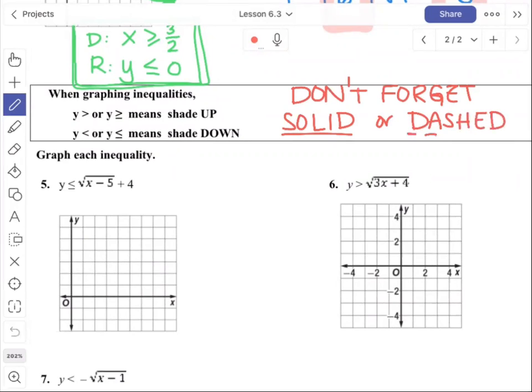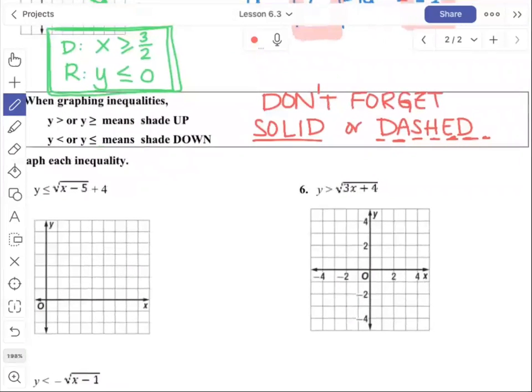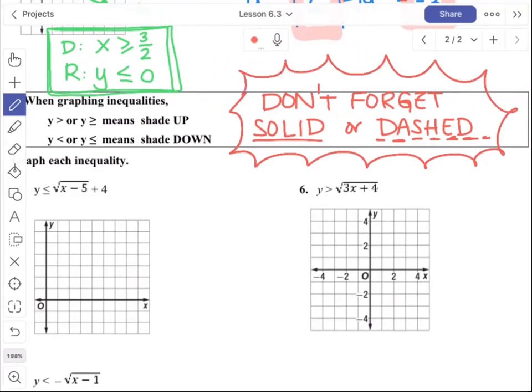This is the #1 careless mistake that I see all the time. So try your best to not forget when you graph inequalities, solid or dashed, okay?